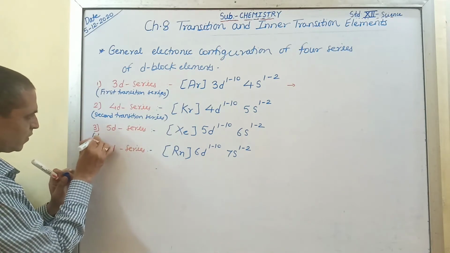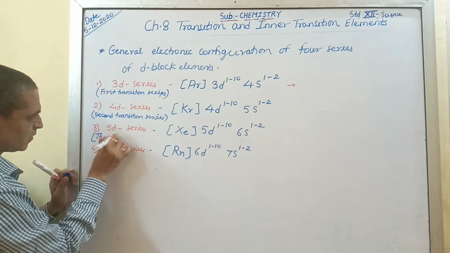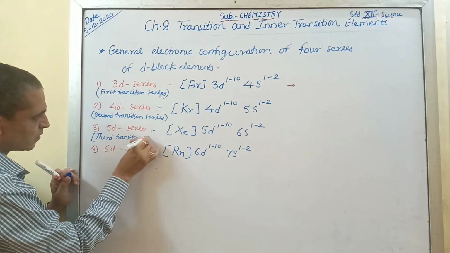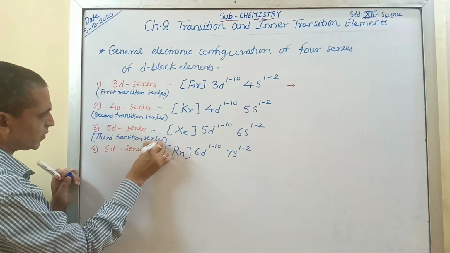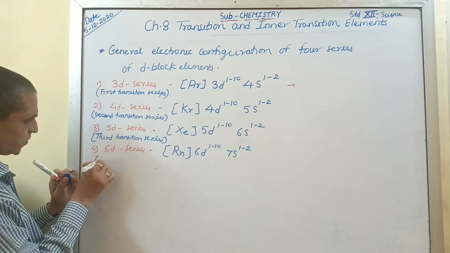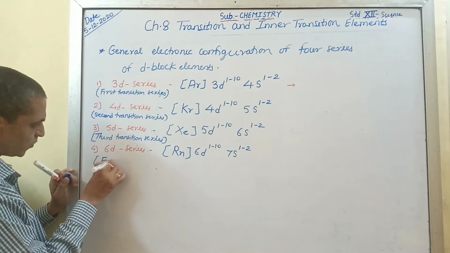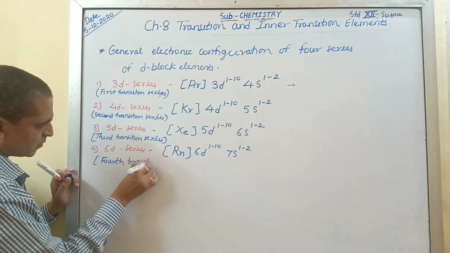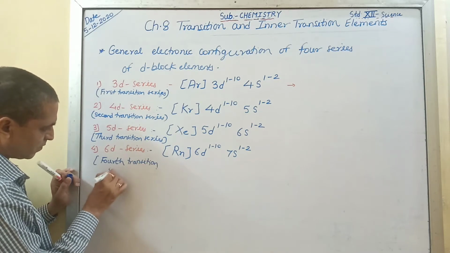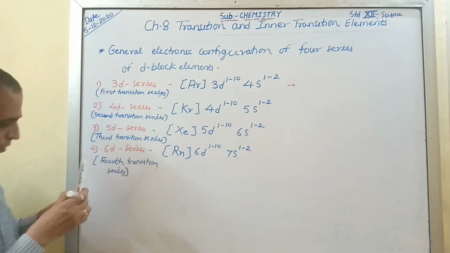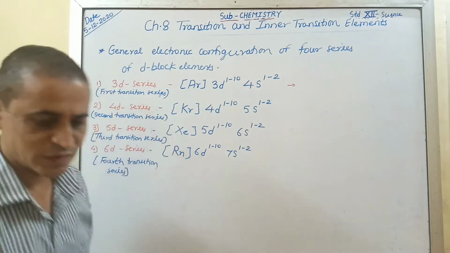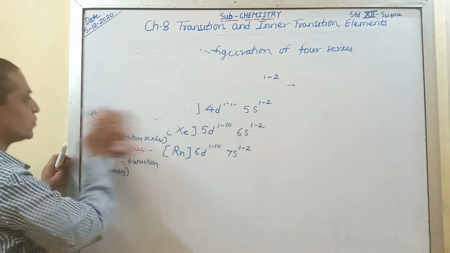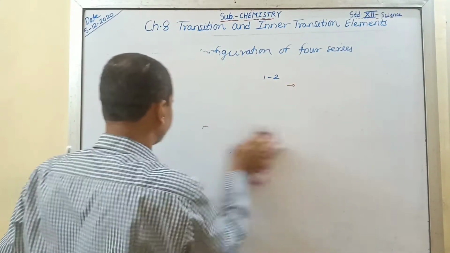The 5d series is the third transition series. And the 6d series means the fourth transition series. But we are interested in the 3d series, so let us start with the electronic configuration of 3d series elements.